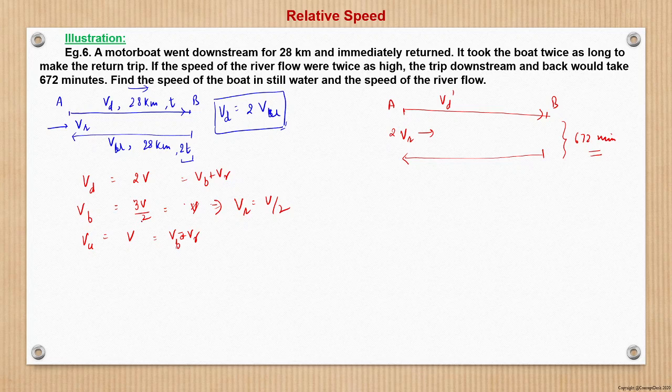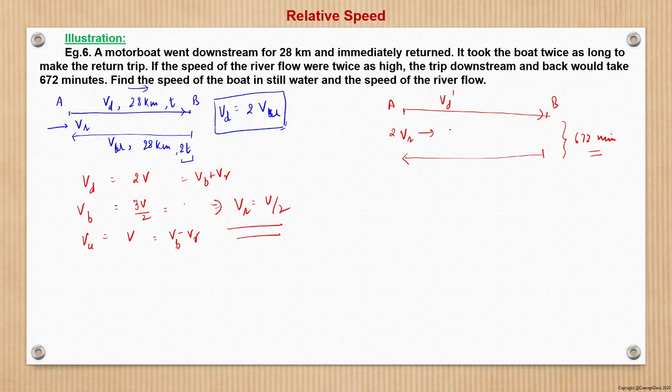Because Vb, 3V by 2, plus Vr should be 2V, and minus Vr should be V. So from these three equations we can get that the velocity of the river initially is V by 2.